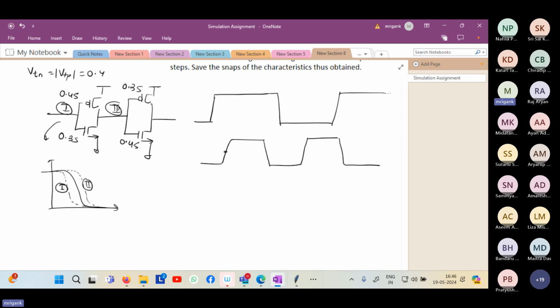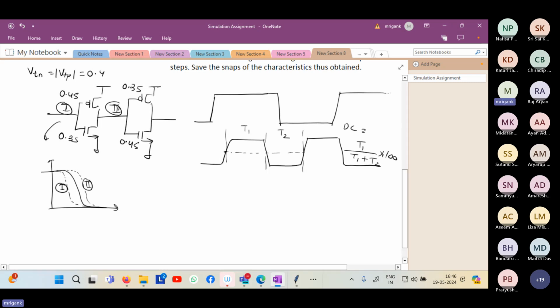From the midpoint, this is your T1 and this is your T2. So duty cycle will be T1 upon T1 plus T2, into 100. That is the duty cycle. If I assume it is 50% duty cycle, that means the T1 and T2 durations are almost the same. That is the ideal case. For a clock waveform, we would like to have 50% duty cycle.